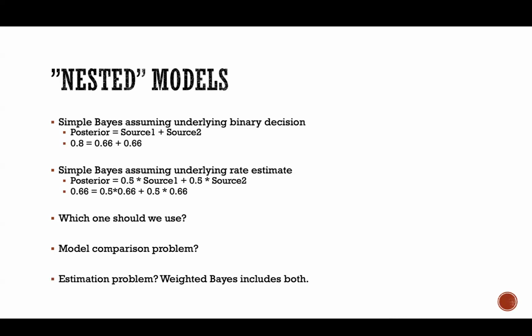In that sense, both of the versions of the simple base are nested within the weighted base, meaning that if we trust that our weighted base is a sensible model, we might not even need to run the simple base versions because the model would tell us whether participants are very similar to those.